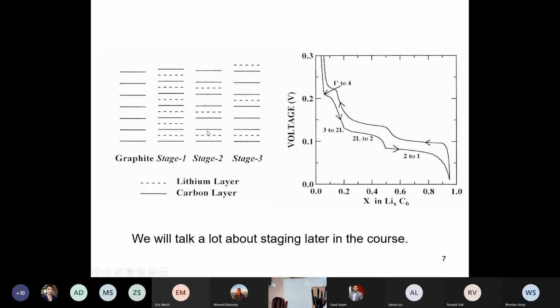Okay. Yeah. Thank you. Now there's something that's really interesting, which is how do you go from stage 3 to stage 2? Because you add a little bit more lithium just across this tiny little plateau right here, this little bump. It's stage 3 here and it's stage 2 there.